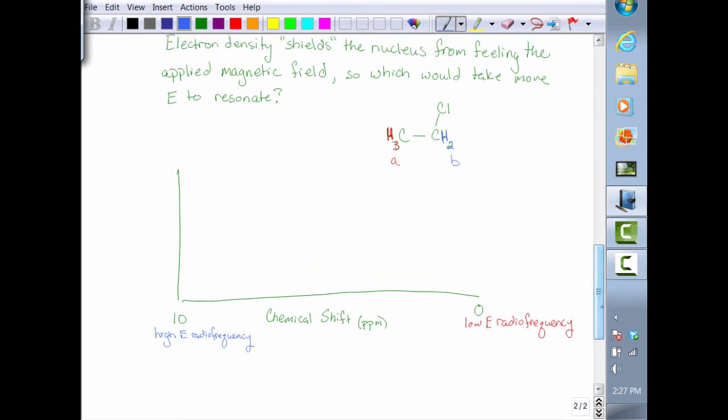So if it takes more energy to put a nucleus in resonance, it will appear more to the left. This is kind of the opposite of what we're used to, right? We're used to reading from left to right. But knowing this, let's first talk about which one, A or B, is going to take more energy to resonate.